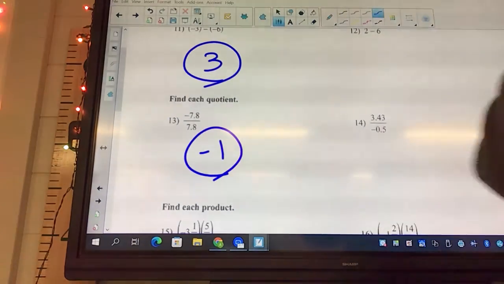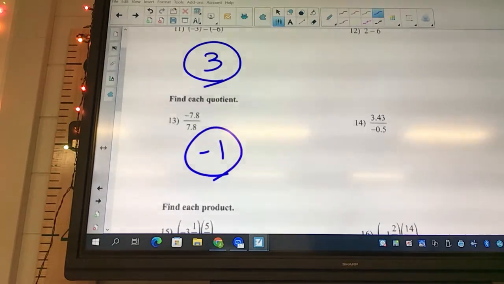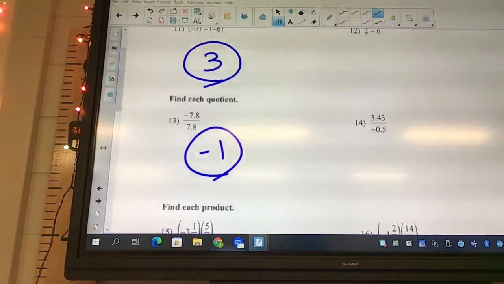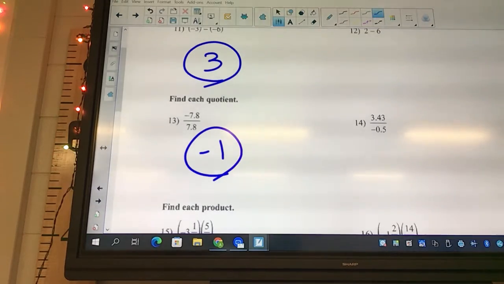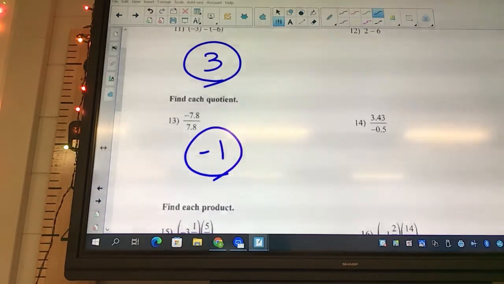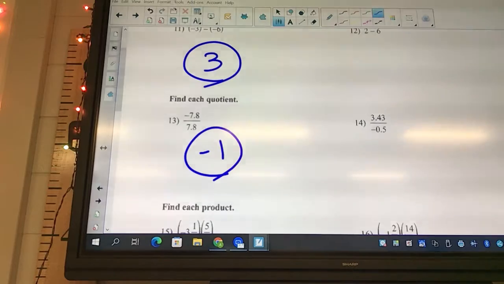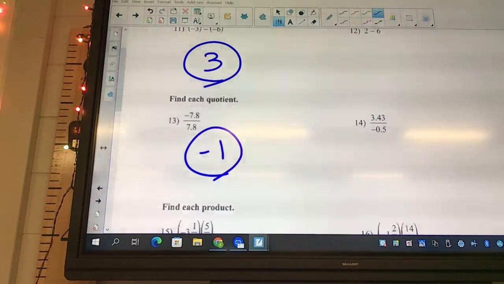What kind of answer is acceptable? A decimal answer or a whole answer. If I give you a fraction problem, are you allowed to give me a decimal answer? No. So if I give you a fraction problem, your answer should be in a fraction. Make sure that you're doing that, okay?